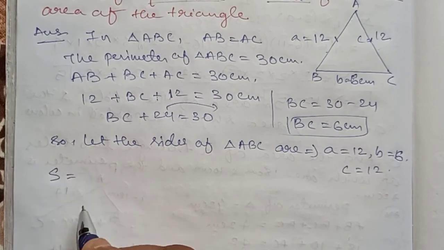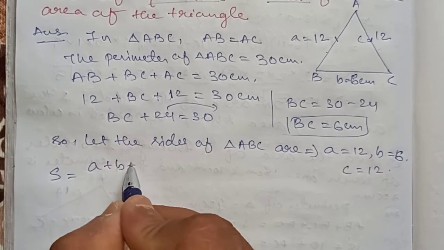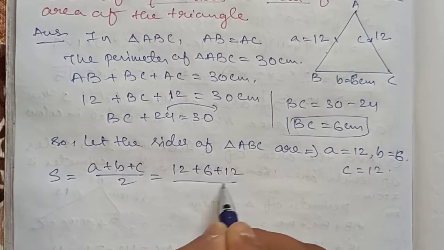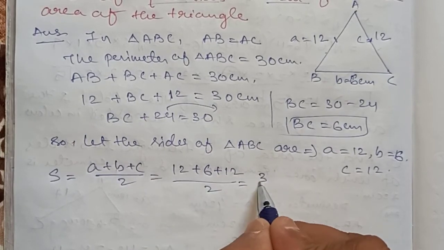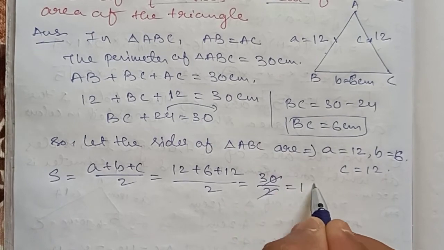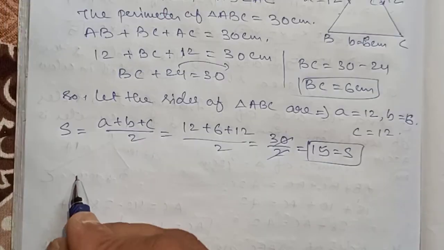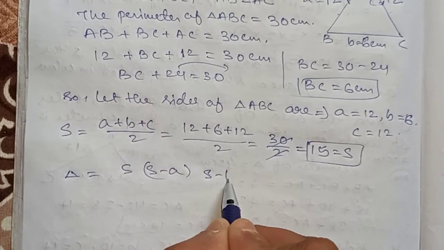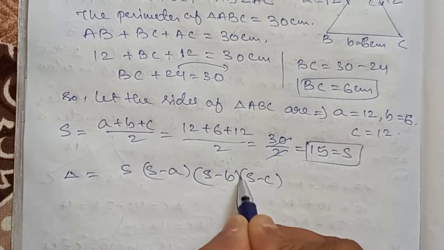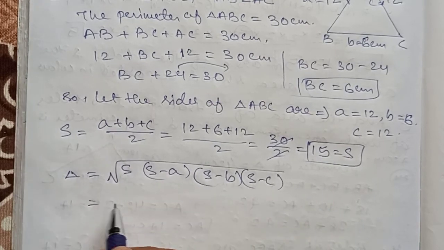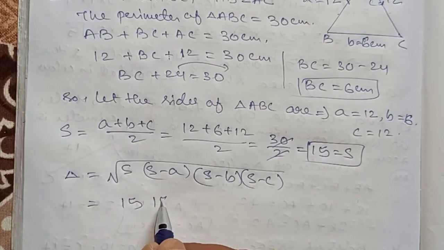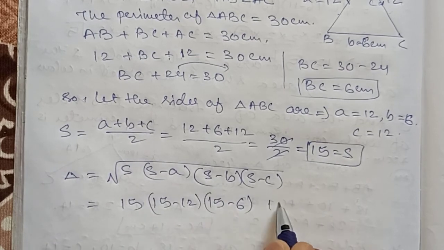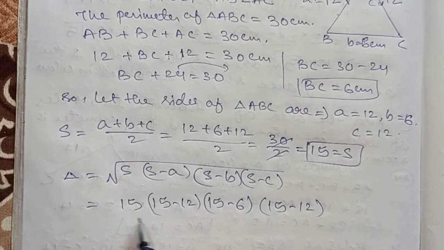First of all we have to calculate S. A plus B plus C by 2, that is 12 plus 6 plus 12 by 2. 24 plus 6 is 30, 30 by 2 is 15, that is S. Area equals square root of S times (S minus A) times (S minus B) times (S minus C). S is 15, 15 minus 12, 15 minus 6 and 15 minus 12 again.